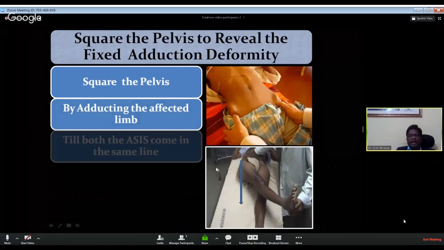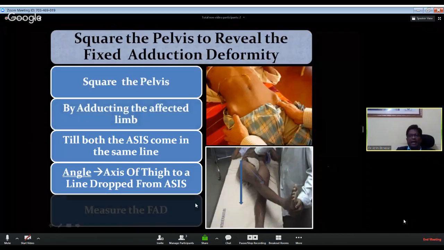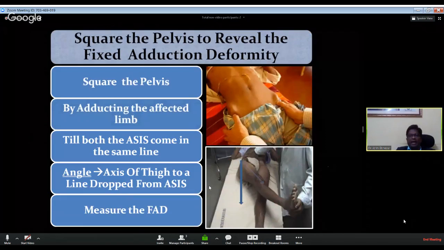So it is clear to you how to square the pelvis to reveal the fixed adduction deformity. Both ASIS come into the same straight line, and that is the angle of the adduction deformity.